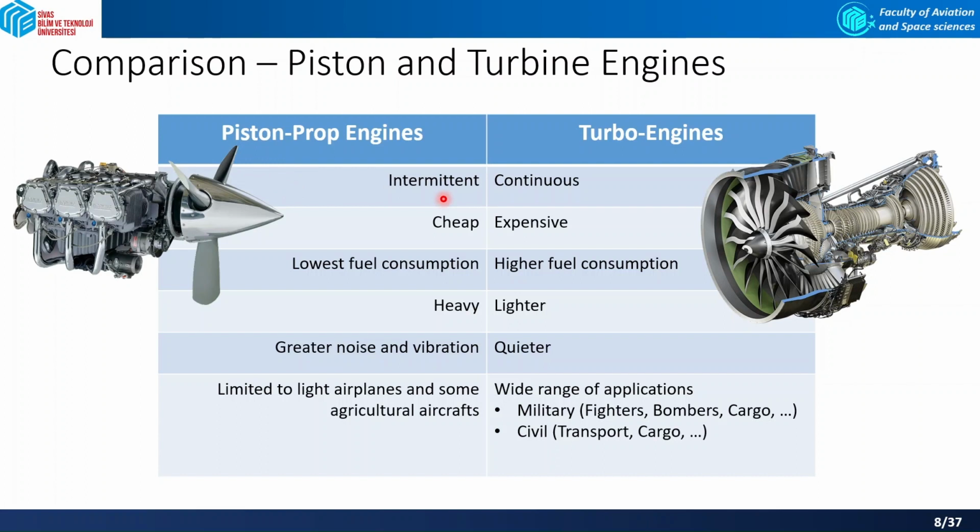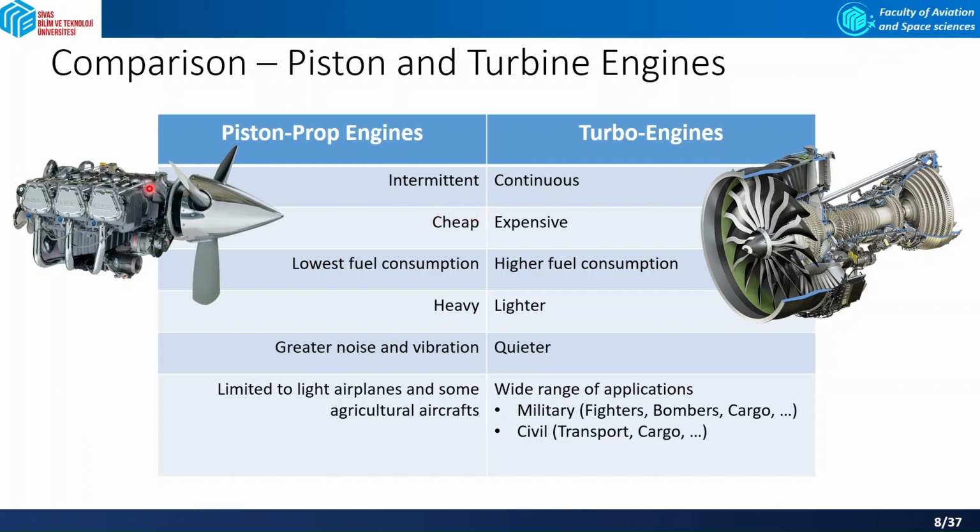So we have those four steps of compression, ignition, work, and then exhaust inside the piston engine. But these are not intermittent in turbo engines; the turbine engine works continuously. Although we model the cycle as a four-step cycle in turbine engines as well, the way the turbine engine works is continuous.